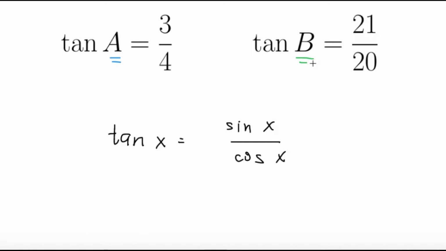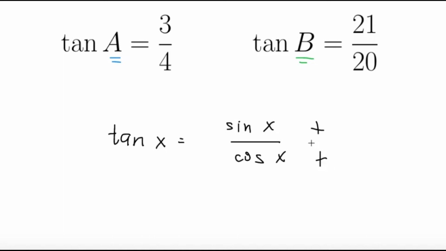We can immediately rule out quadrant 3, since A and B are angles in a triangle, and angles in a triangle should be between 0 and 180. So the terminal sides of angles A and B are in quadrant 1, and sine of x and cosine of x would both have a positive sign.